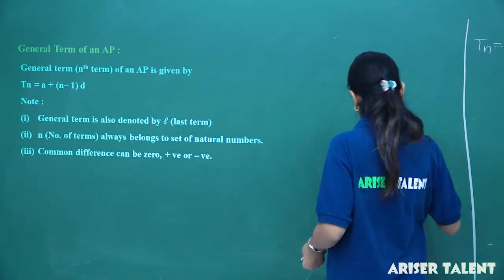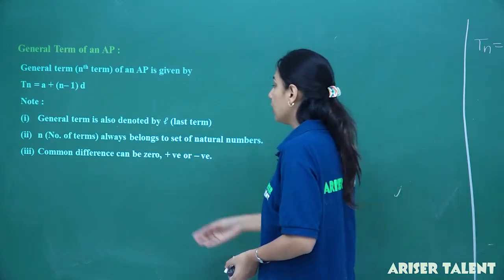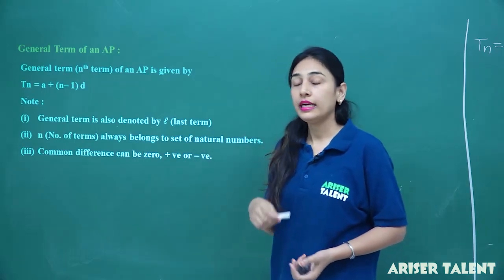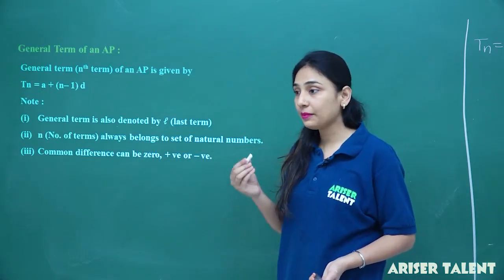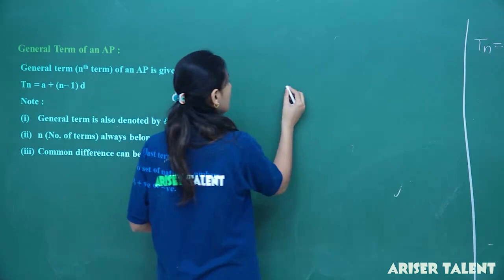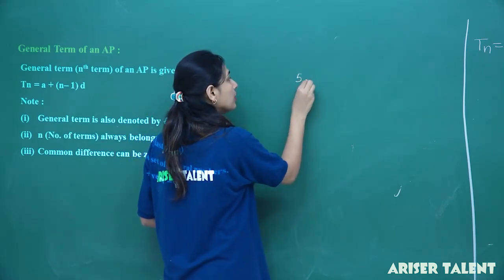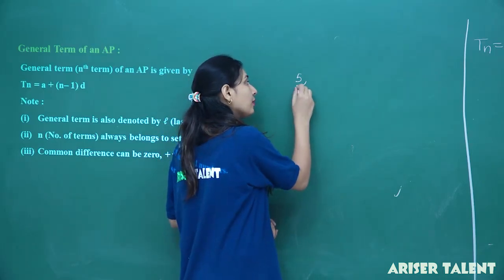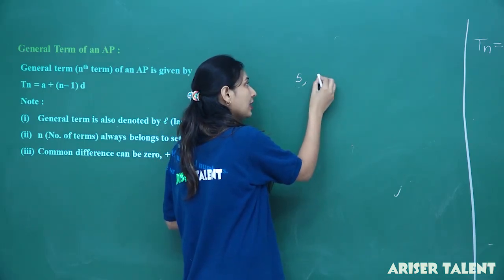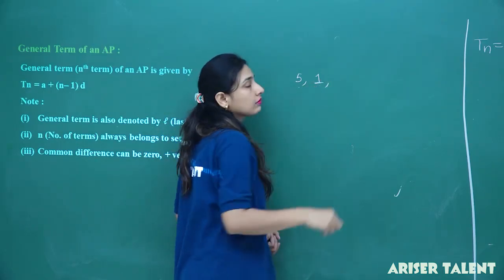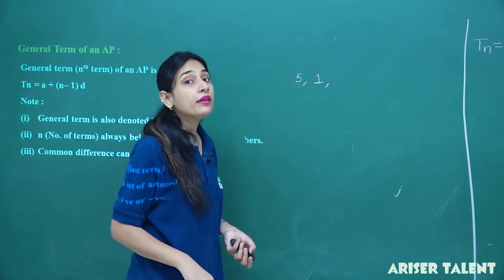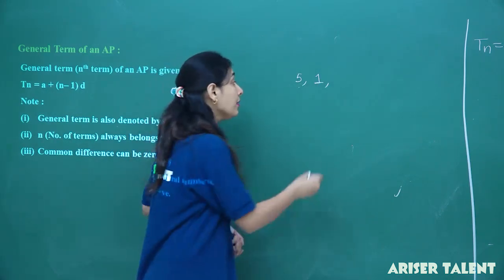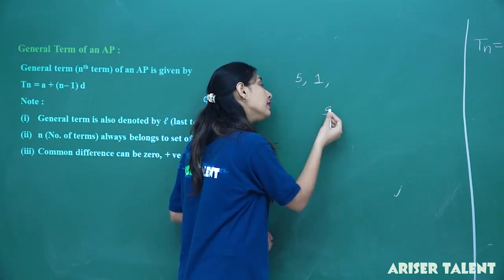Common difference. The common difference can be what? It can be 0, it can be positive, it can be negative. Let me tell you about this 5. Take 5 as a term, then the next term is 1. What is the common difference between 5 and 1?